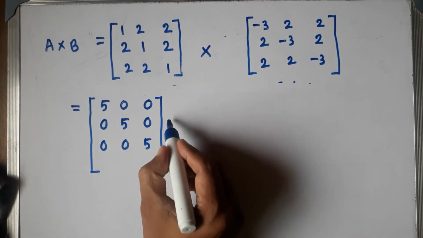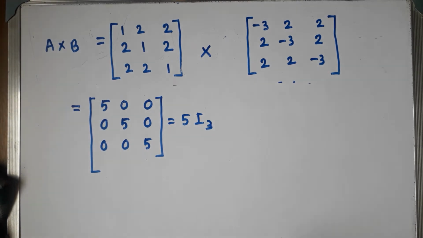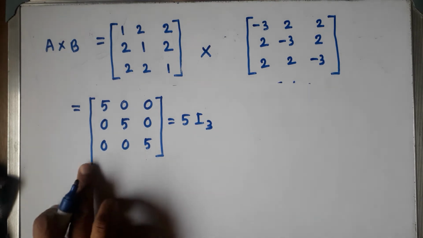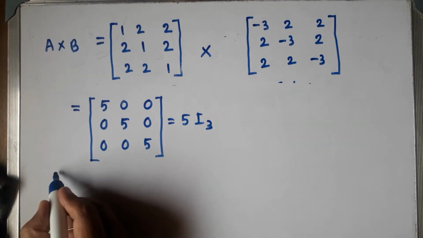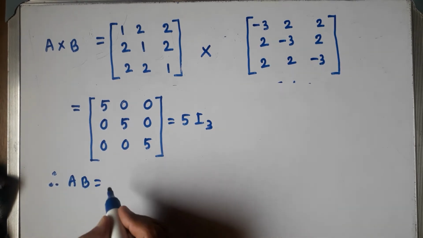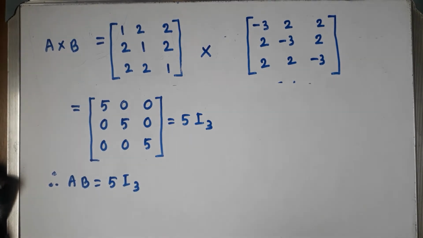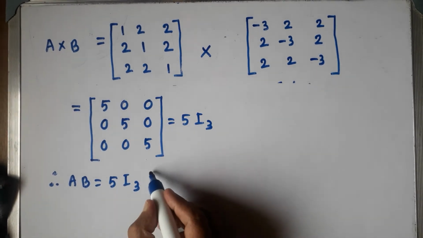So this gives you 5 into I3. So the first part is proved. Therefore A into B is equal to 5 into I3.